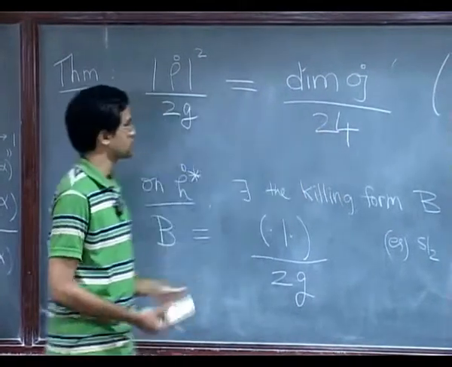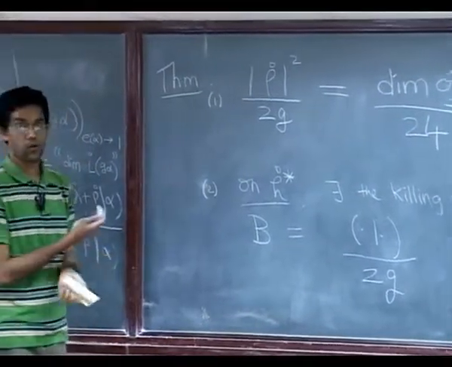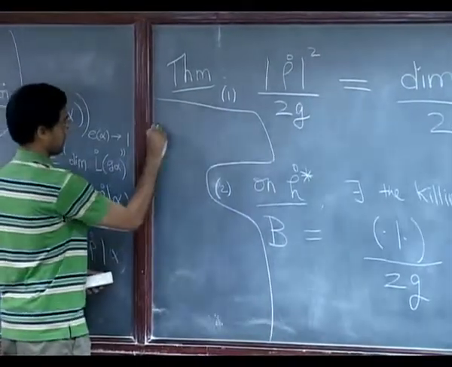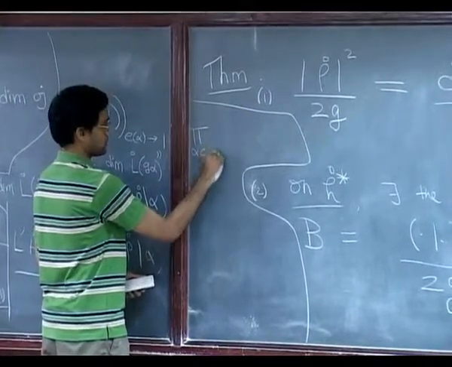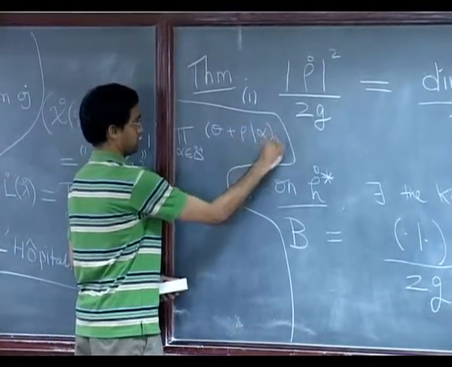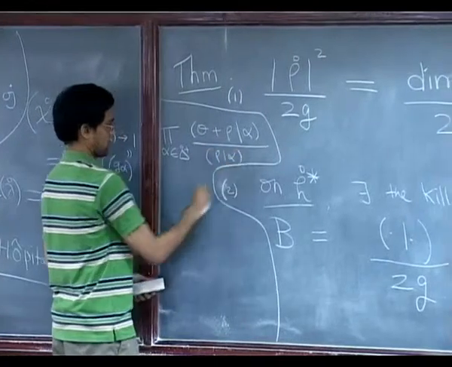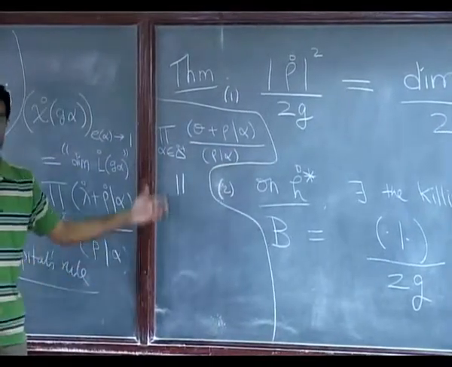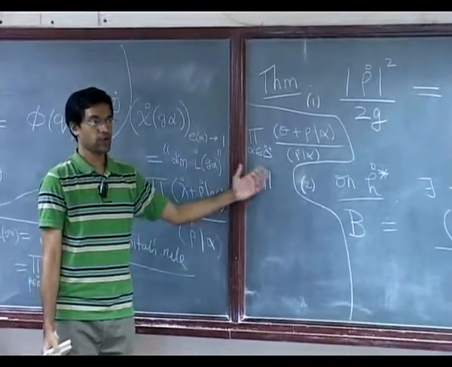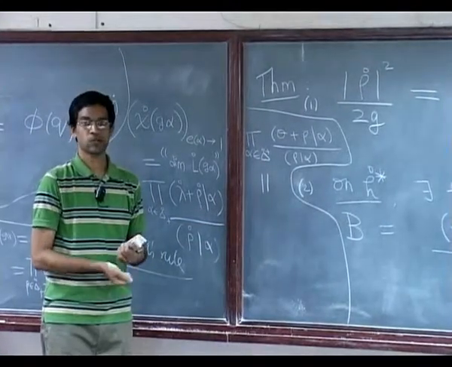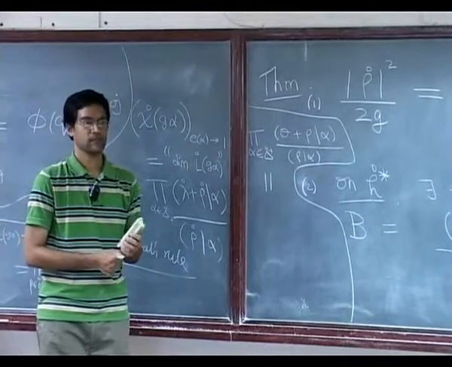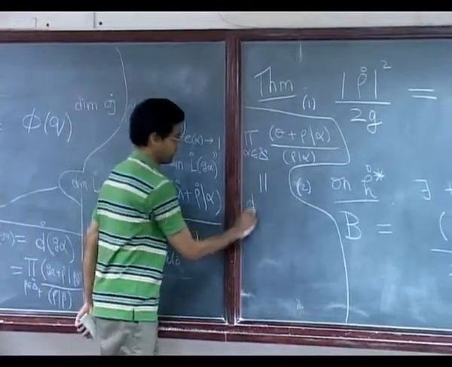There are several strange formulas in this business, but here's one more, for example, which is if you take the product over all positive roots of (theta plus rho, alpha) over (rho, alpha), okay, then what do you expect to get? Theta is the longest root, the highest root. Yeah? Dimension of G.